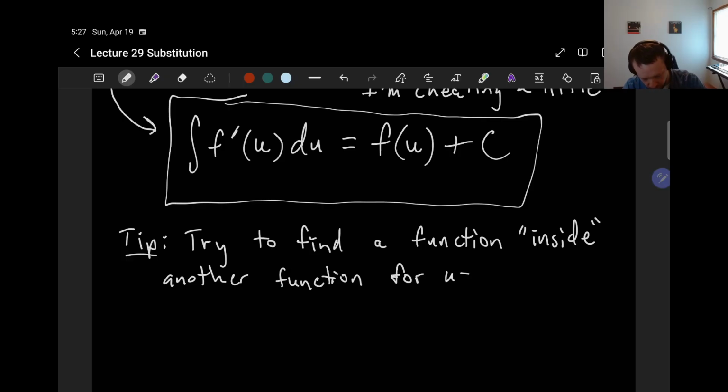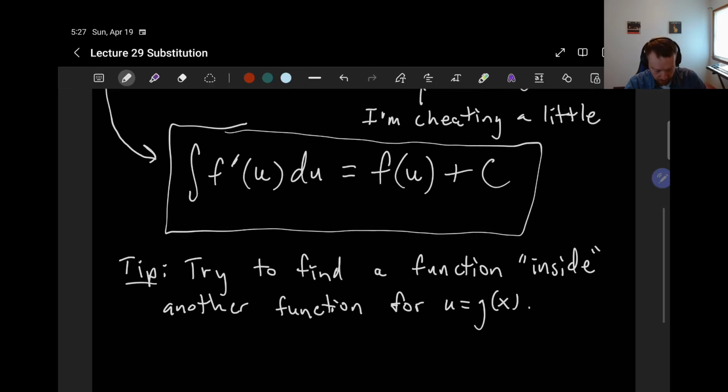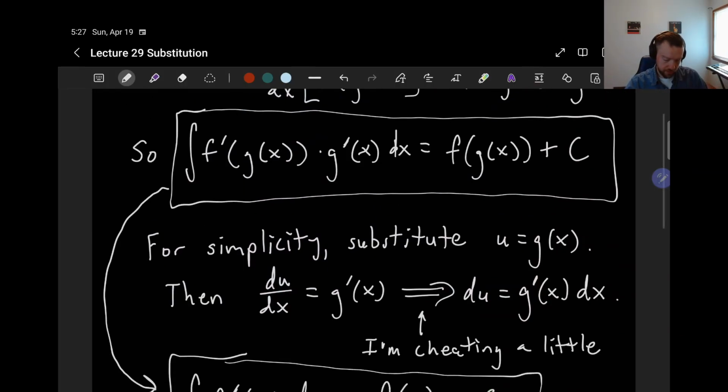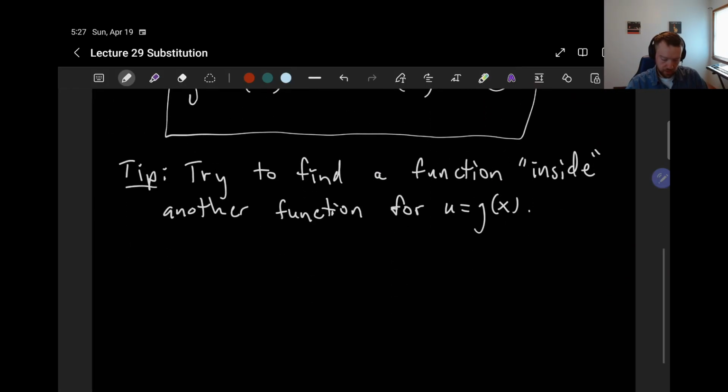And that's probably going to be a good candidate for u. It's my g of x, because we see up here, g of x is like an inside function in this picture. So typically, that's going to be a good choice for you.